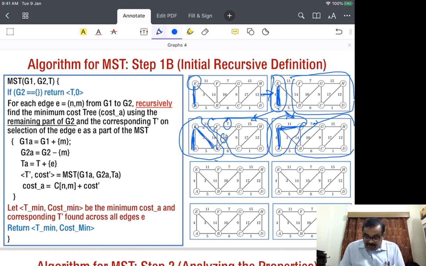Now we have moved from here to here, and therefore from here we will now move to either this node with this edge, or this node with this edge, or this node with this edge. Therefore there will be three branchings, one going to node F, one going to node G, and one going to node C. Suppose we chose this one.